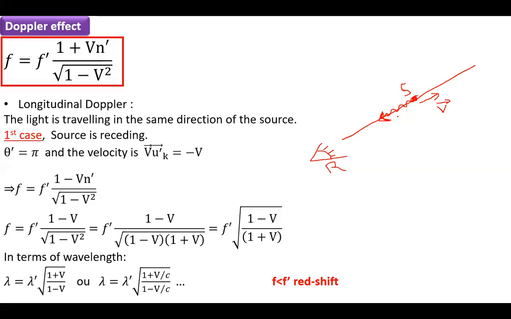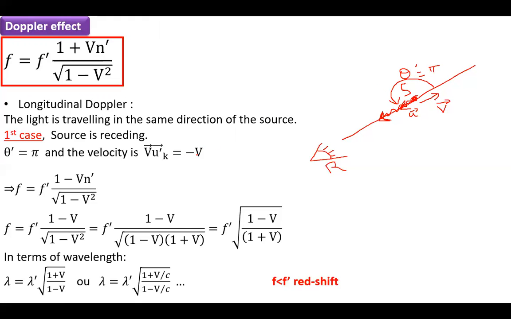So it is emitting light in this direction, so the unit vector u is in this direction. So the angle theta prime between v and u is equal to pi. So v times u is equal to minus the cosine of pi, which is -1.